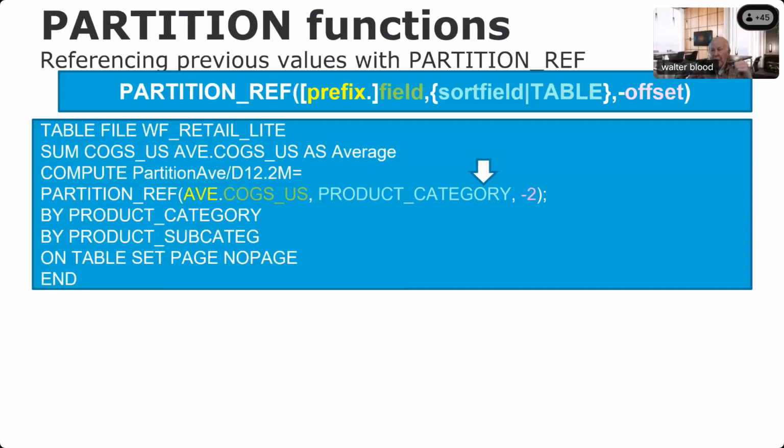And this says that I need data values before and ahead, so I'm going to actually be able to grab them and put them into a memory space so that I can use them. In this case, I'm going to take the average of the cost of goods and the product category from 2 records back. Right?